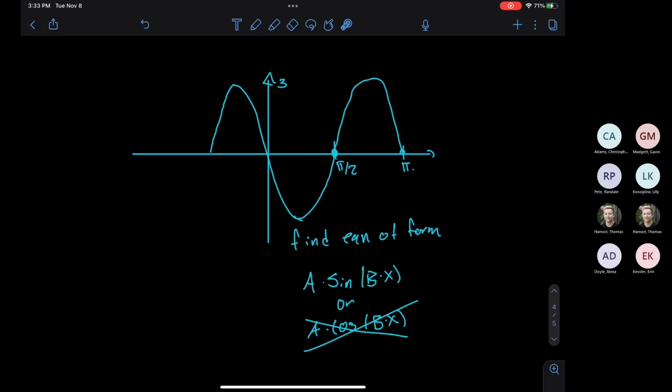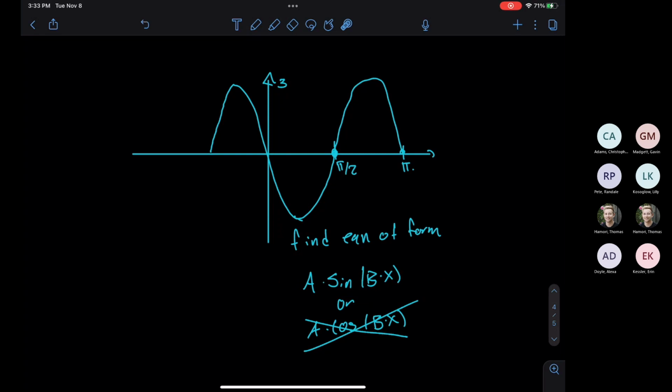Because they tell us that it's a sine bx or a cosine bx. If there was a shift, there would be a plus c or minus c inside the parentheses, right? That would move us to the right or to the left. So the height of the function is going to be just whatever the height of sine of b times x is, multiplied by a.